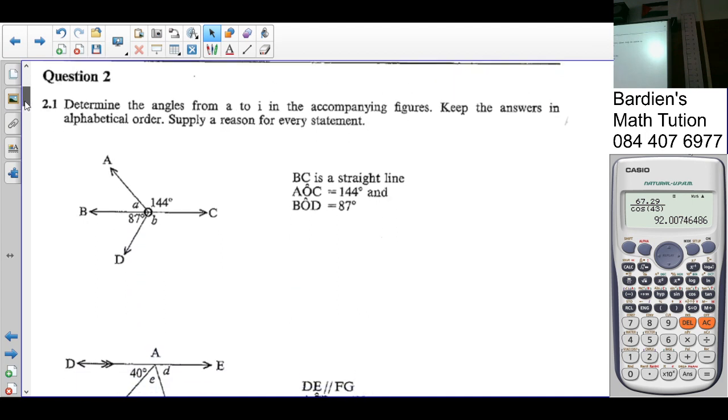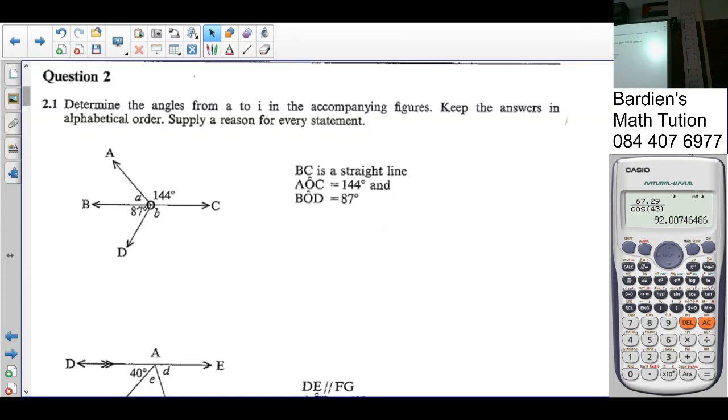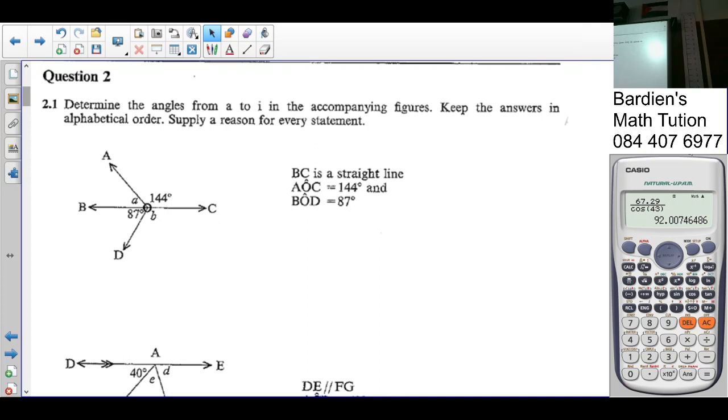Let's look at question 2. Question 2 says, determine the angle A to I in the accompanying figures. Keep your answer in alphabetical order. Supply a reason for every statement.